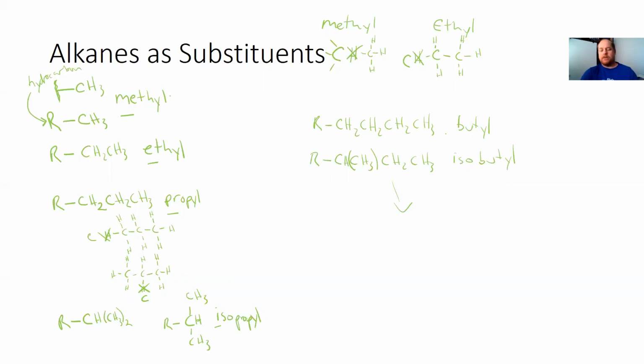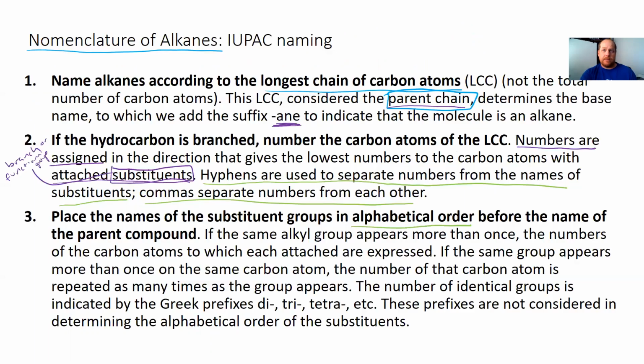It's pretty simple and straightforward in terms of the name of the substituent and its ordering in the naming. But if the same alkyl group appears more than once, then the number of times that substituent is repeated is specified using a Greek prefix, but the prefixes are not considered in the alphabetical order.